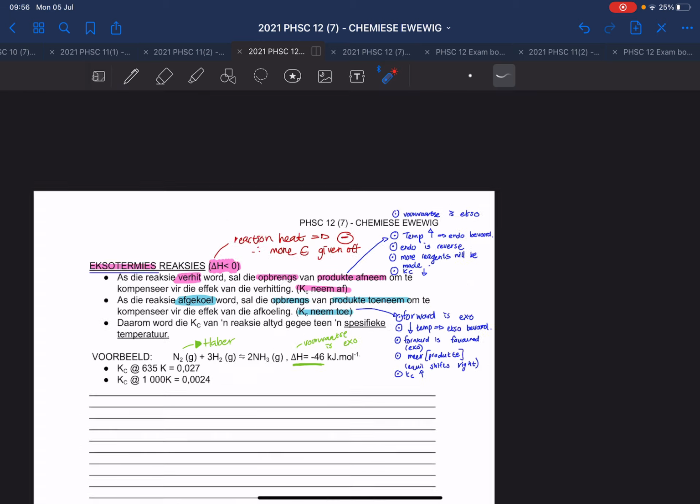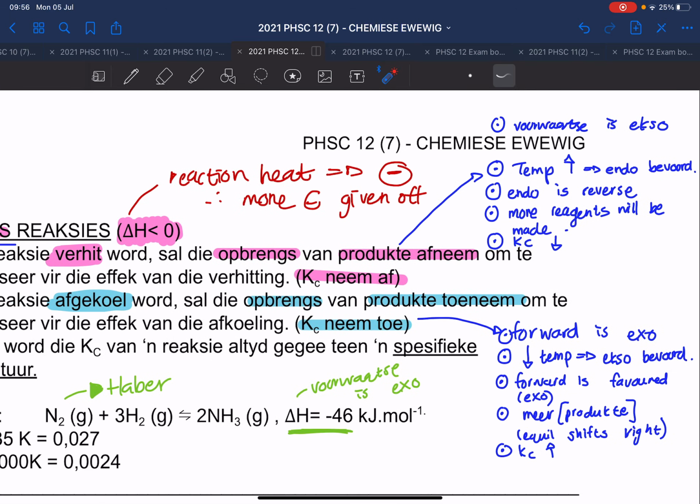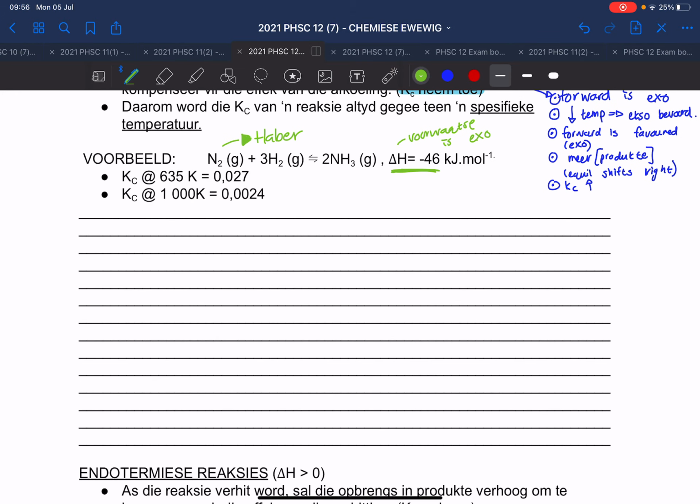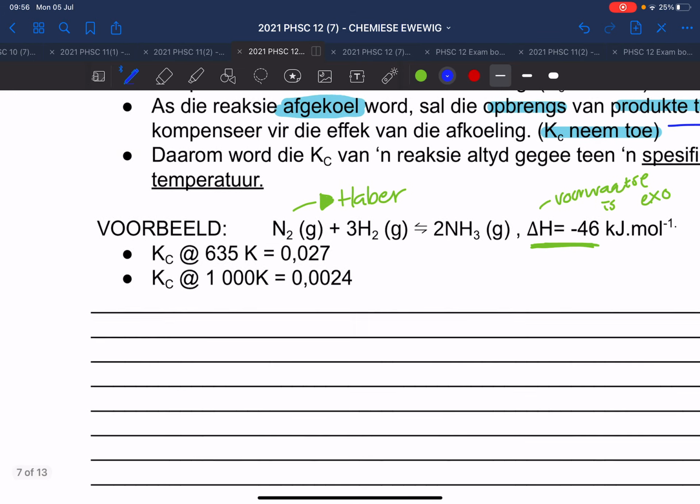And then you must look at what did we change. Okay, so you can see albei, so at both of these ones, we looked, the first bullet was, is it exo or endo? And then we looked at what did we change? Wat het ons verander? Okay, and then we'll go on from there. Okay, goed. So, ons kan sê, bullet nummer 1, ek gaan net bietjie inzoom.